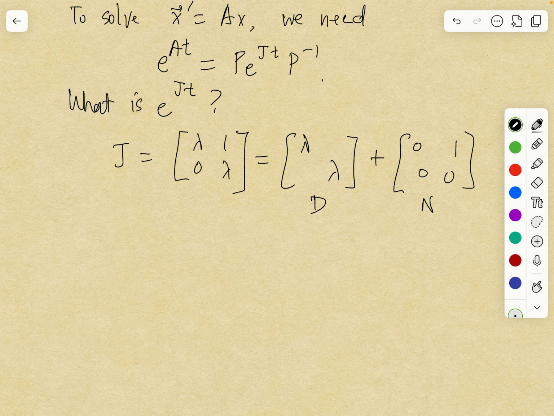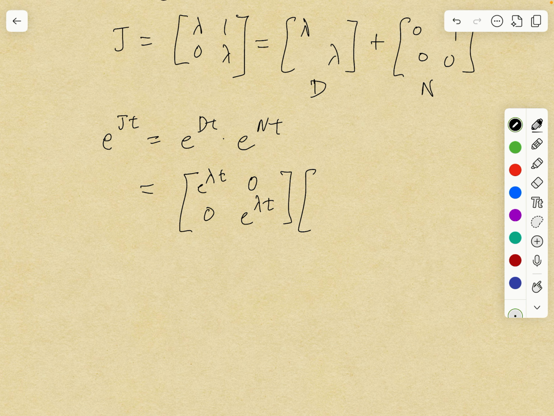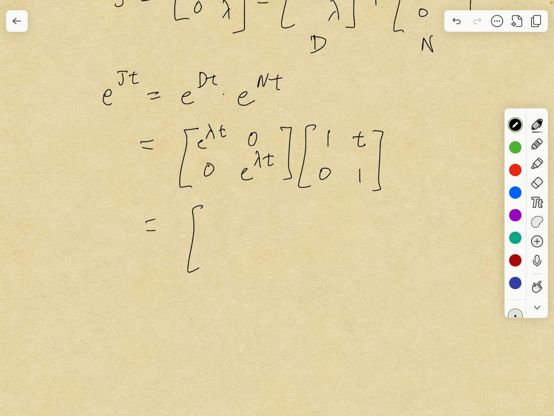The point is that D and N commute when you multiply, so e to the Jt equals e to the Dt times e to the Nt. So that's e to the lambda t, 0, 0, e to the lambda t, times, and in the previous video I calculated e to the Nt, and you get 1, t, 0, 1. So if you multiply them, you get e to the lambda t, t e to the lambda t, 0, and e to the lambda t.